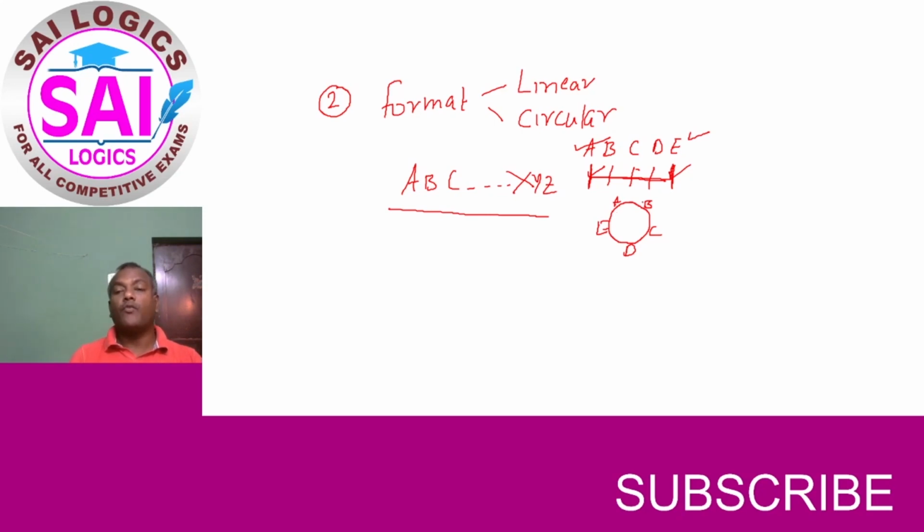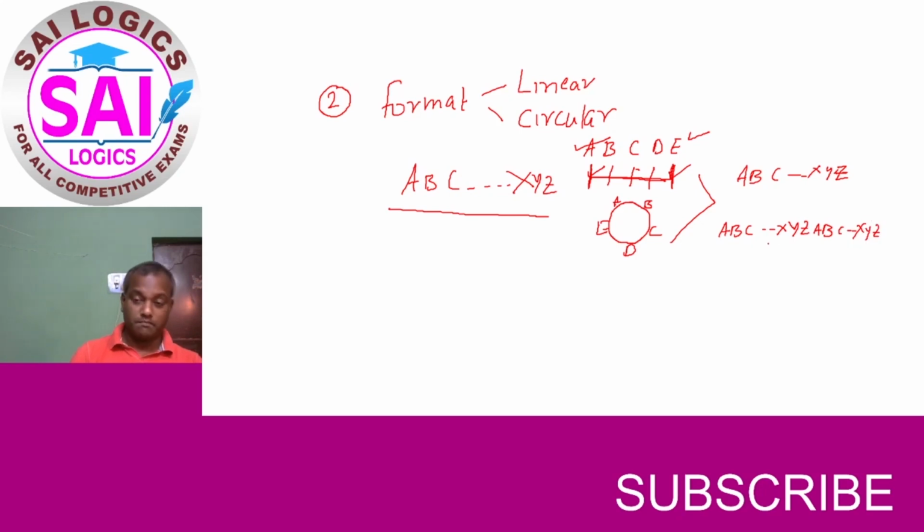So what we need to understand from this is when the alphabets are written in a linear format, alphabets start from A and end with Z. In case the alphabets are given in circular format, it is understood that alphabets will not end with Z, but they will start again from A and this process will continue on and on.